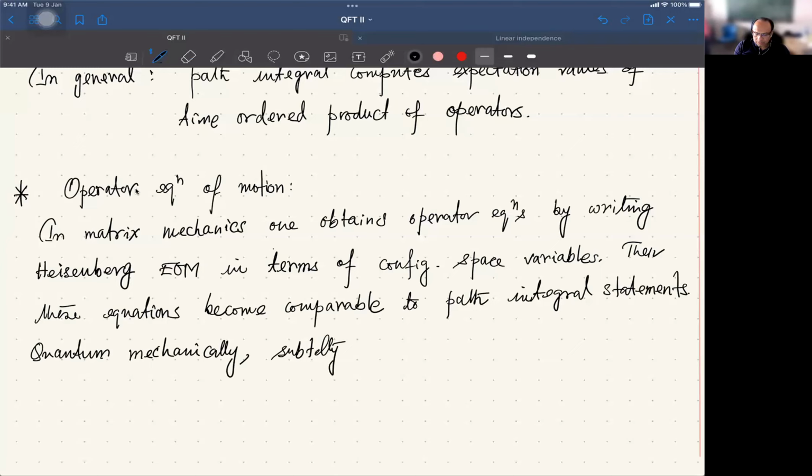Quantum mechanically, subtlety arises when there are coincident operators.